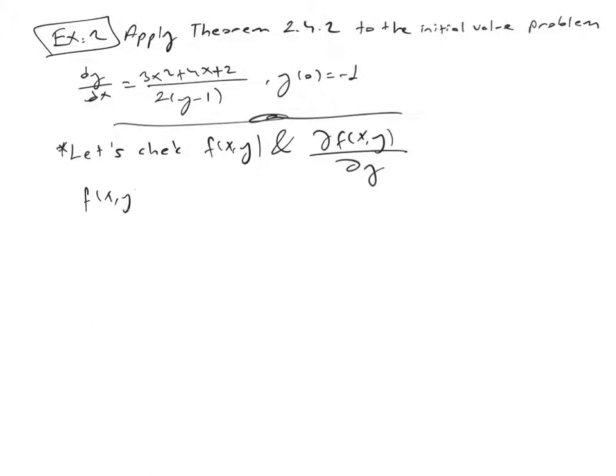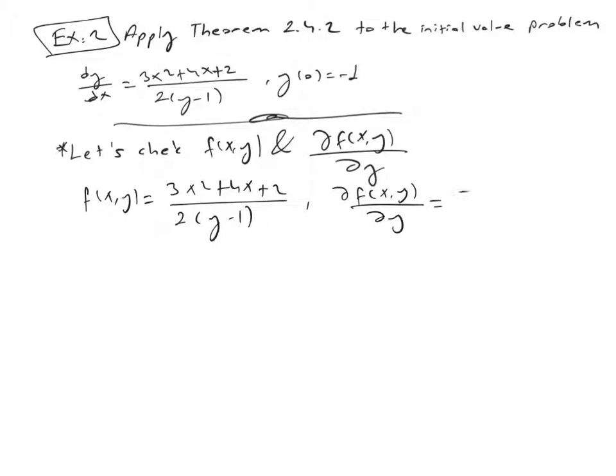F of x y is equal to 3x squared plus 4x plus 2 over 2y minus 1, and df of x y over dy is equal to minus 3x squared plus 4x plus 2 over 2y minus 1 squared.